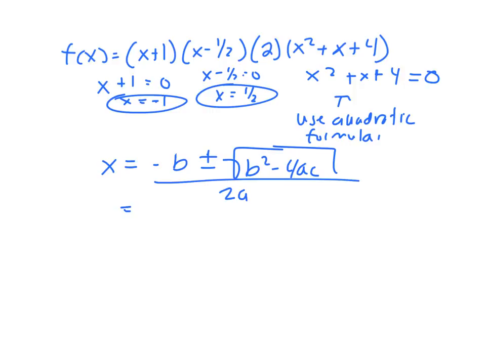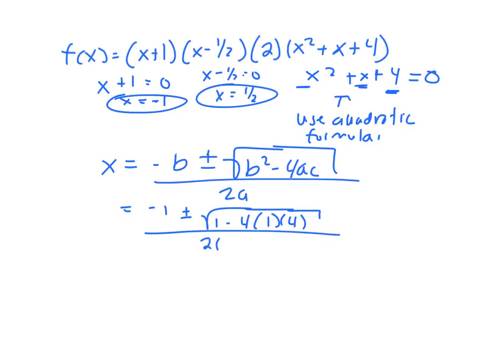Okay, so b is 1, a is 1, and c is 4. So -1 plus or minus the square root of 1 minus 4 times a, which is 1, times c, which is 4, divided by 2 times a, which is 1.